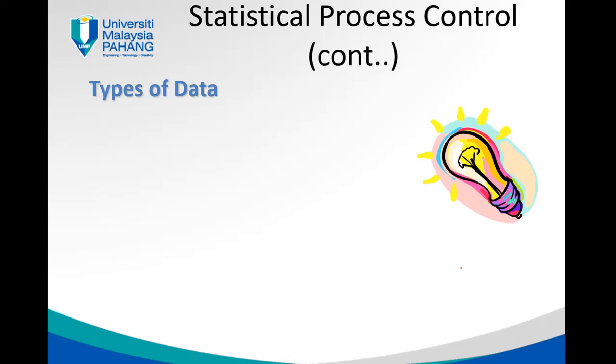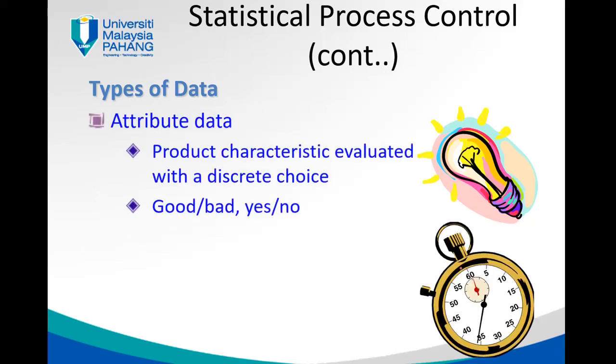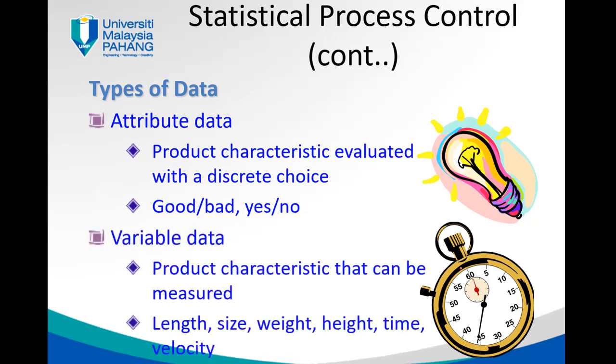Then we move to the types of data. We have attribute data, which is a product characteristic evaluated with discrete choices. It can be measured like good, bad, or yes or no. Then another one is variable data, which is a product characteristic that can be measured, such as length, size, weight, height, time, and velocity.